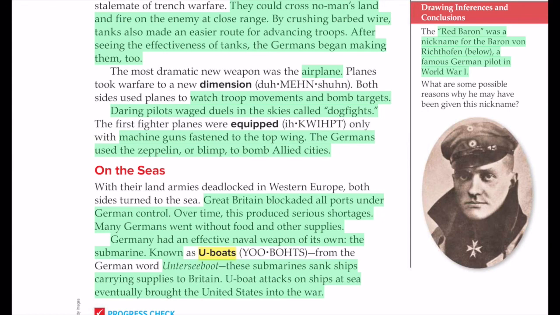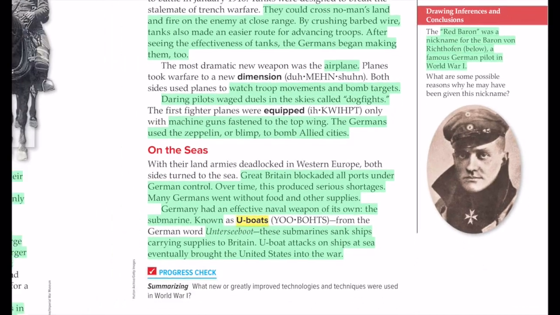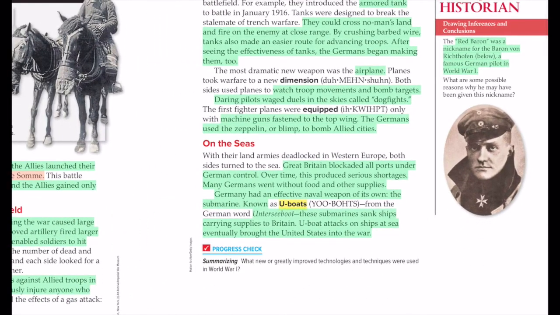So the Germans' response was to develop the submarine, which could go undetected and attack the British ships and break this blockade and hurt the other side. And that's actually what ends up bringing the United States into the war, these attacks. We'll talk about that next time.